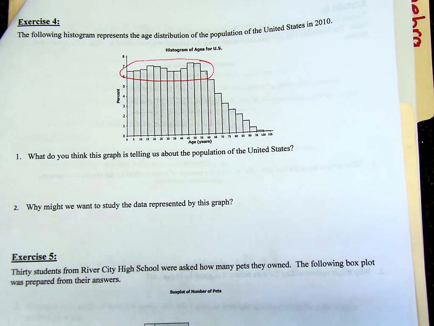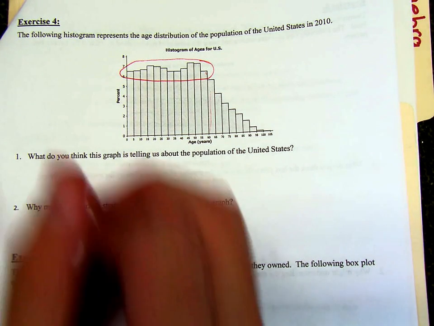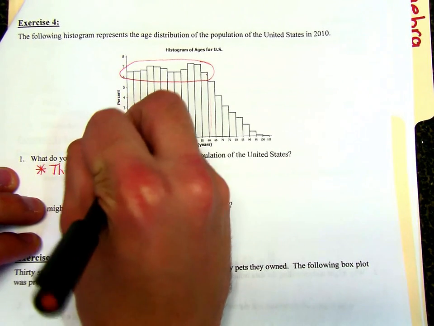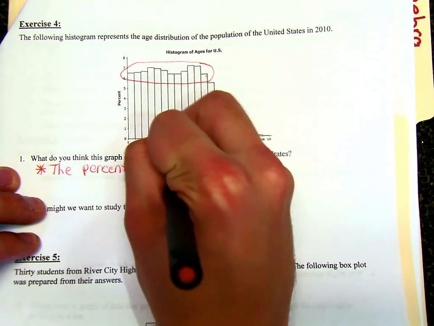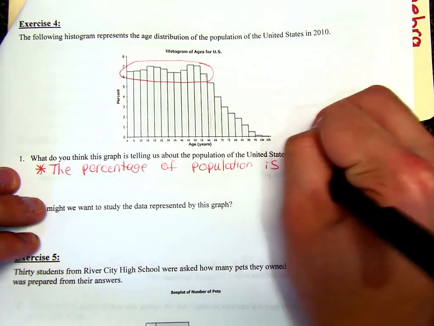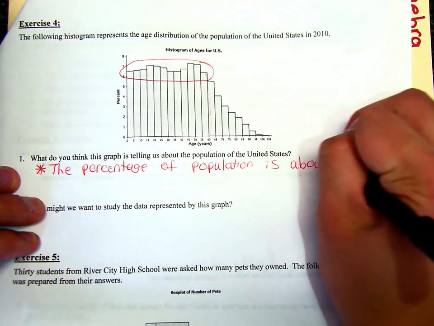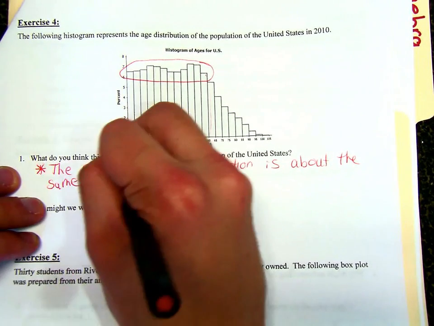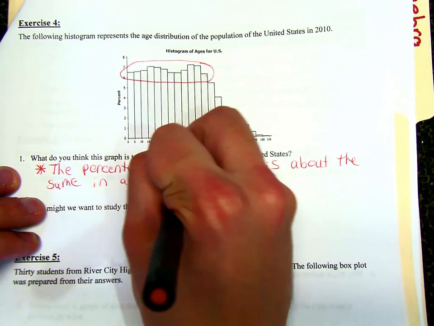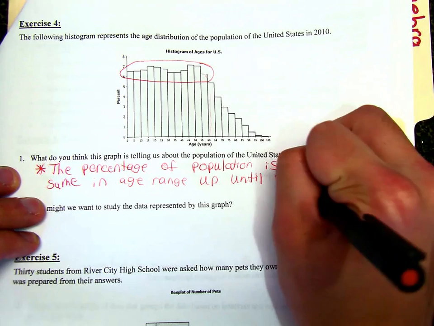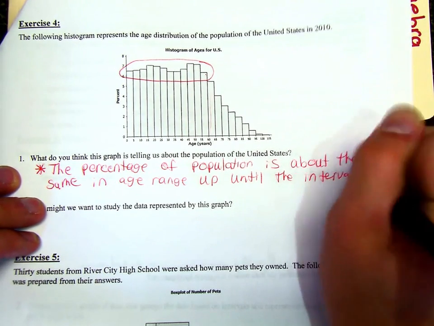What could this tell us? This could tell us that the percentage of the population is about the same in each age range up until the interval for 60 to 65.